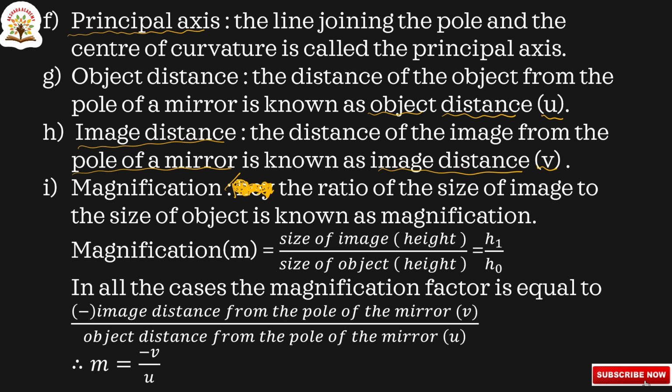Magnification M equals size of the image by size of the object, that is H I by H naught. In all cases, the magnification factor is equal to image distance from the pole of a mirror by object distance from the pole of the mirror, or we can write it as M equals minus V by U. Okay. Next, we will go to the next question.